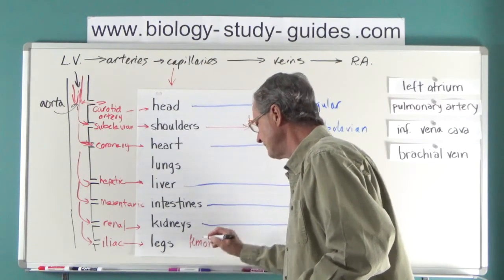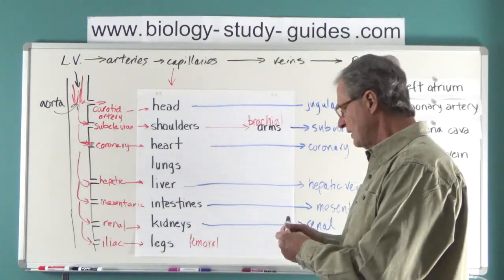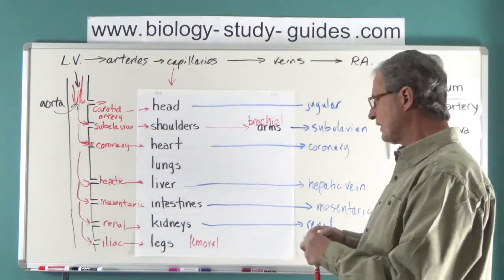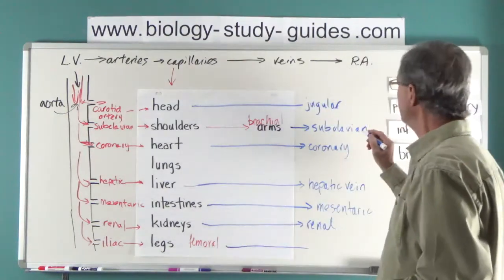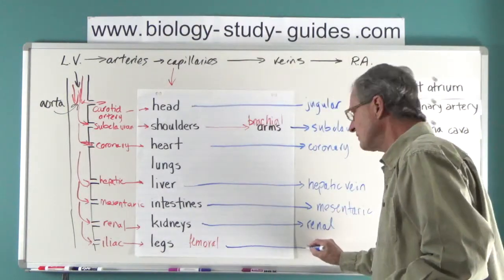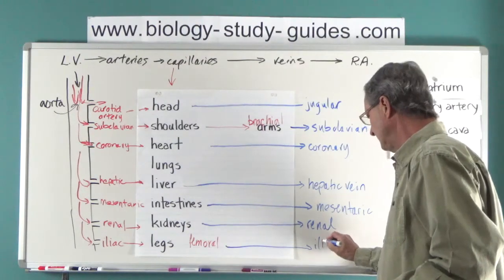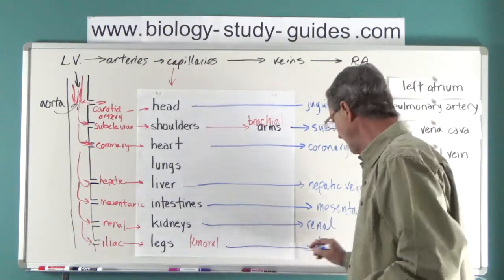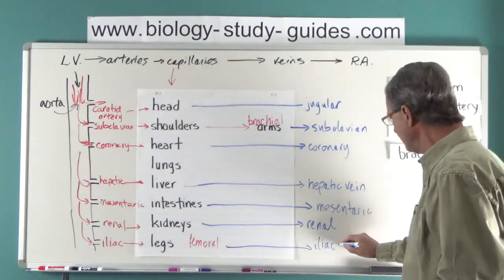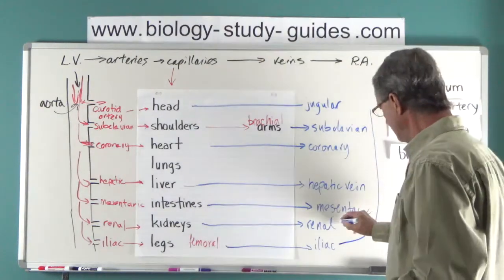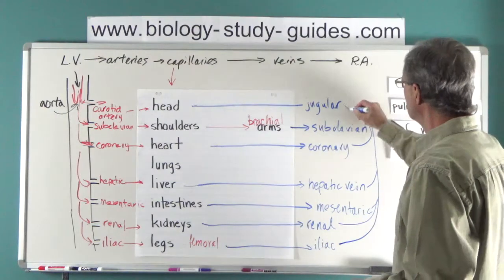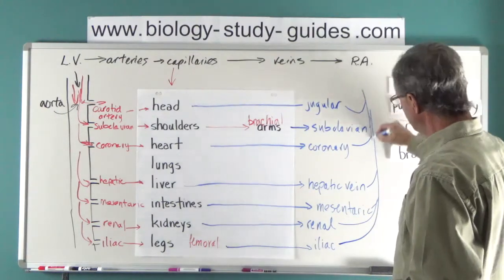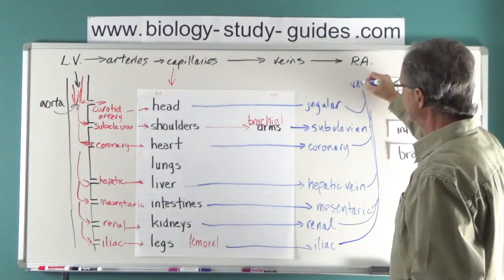But regardless, the blood going from the legs back into the vena cava is the iliac vein. There is a femoral vein, but there's an iliac vein. So all of these conduct blood back to the right atrium through the vena cava.